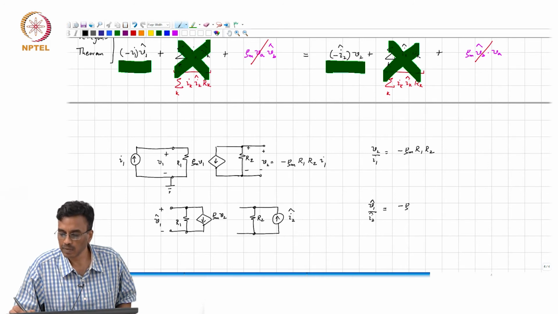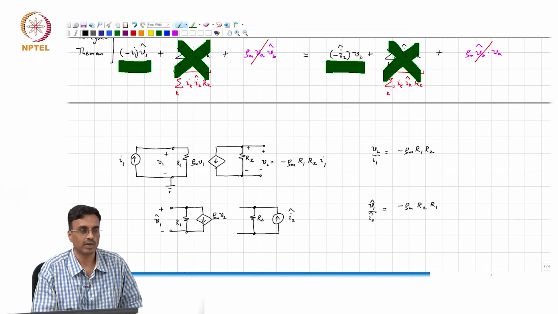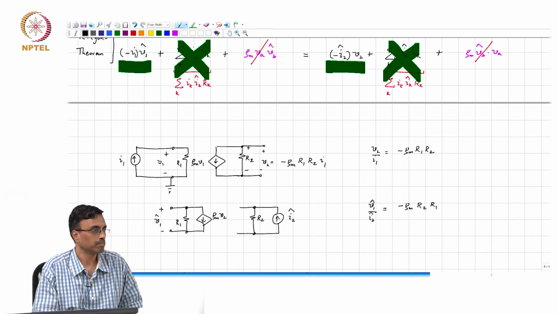Minus Gm times R2 times R1, and as you can see the transfer functions are the same.